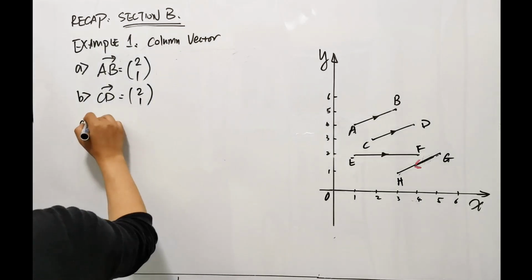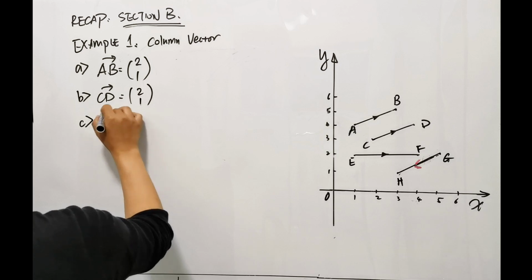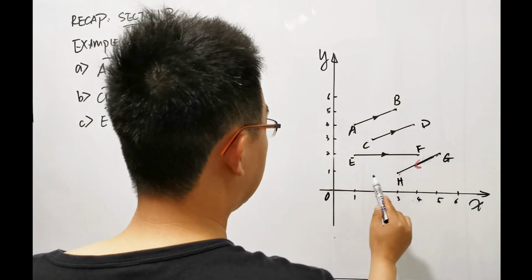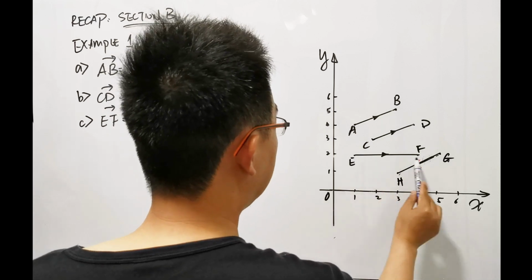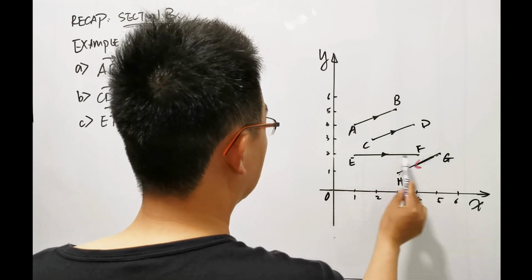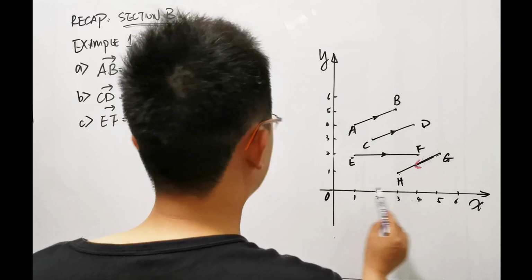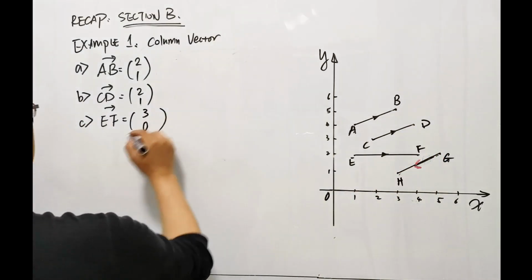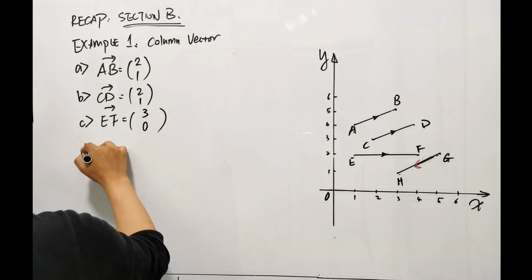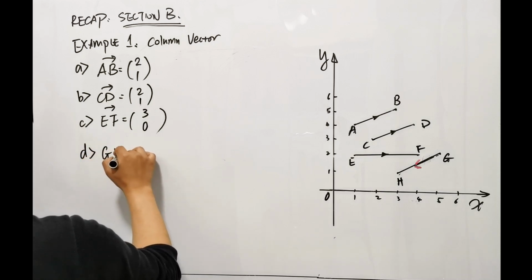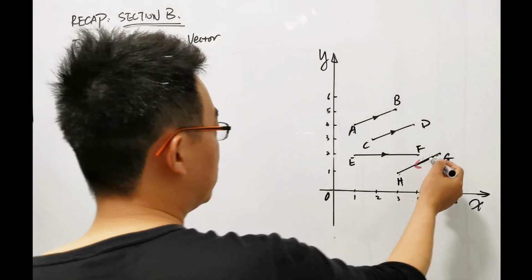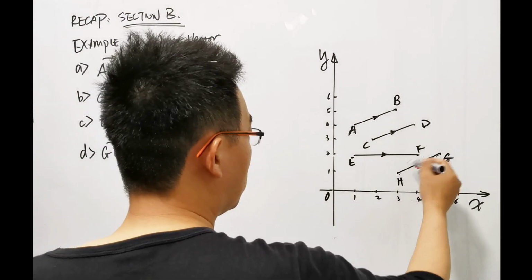Okay, let's look at E F again. Horizontally from E to F to the right direction is 1, 2, 3, so it's 3. Vertically, nothing, 0. Okay, next one, G to H. G to H is moving downwards.